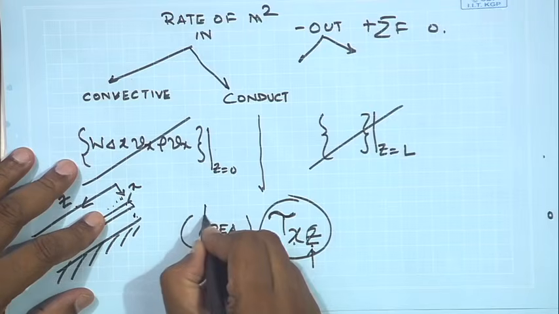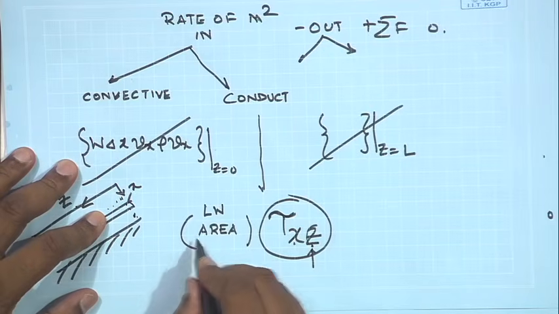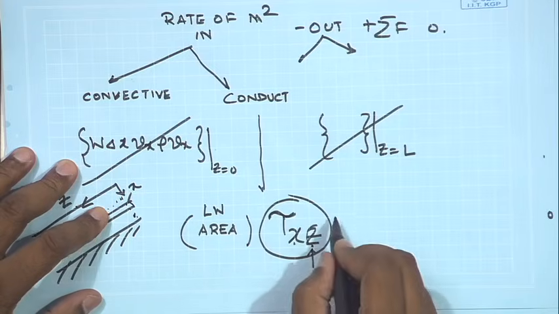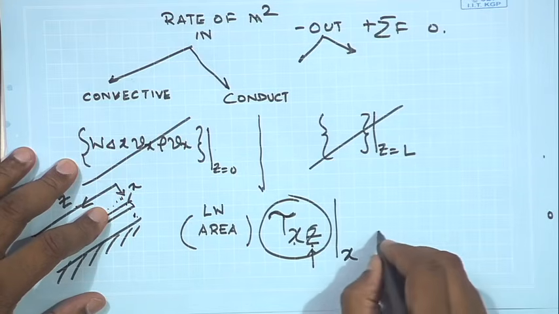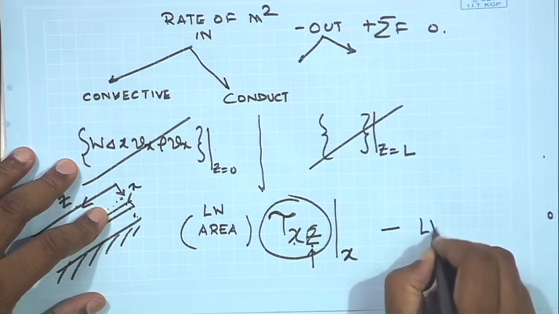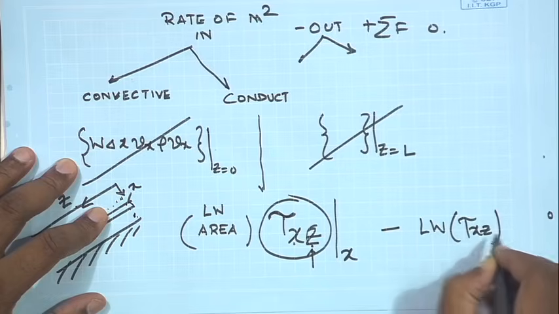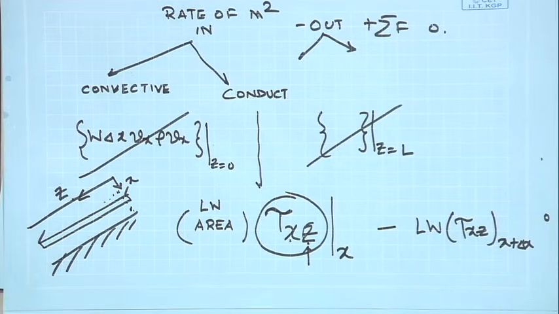The velocity is the same between these 2 points, so it does not matter; it is only this area, which is length times W. So, L times W is the area on which the shear stress is acting, which gives the force acting on it, and it is L W tau xz at x, and the one that goes out would be L W tau xz at x plus delta x. If we understand these two things, then the rest would be very simple.